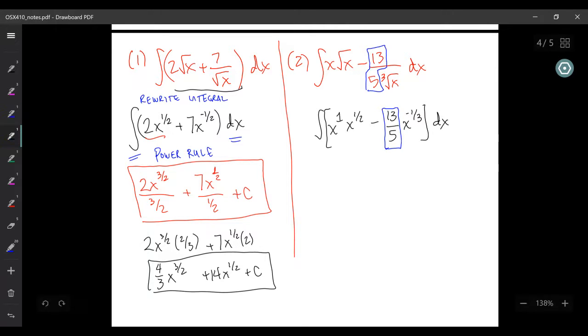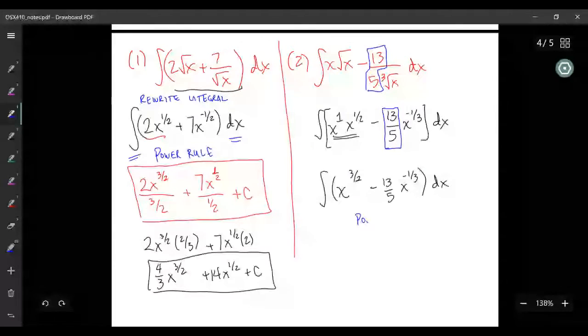Before I start doing the integration, I can combine these two things. When you multiply the same base, you add the exponents. So that's a 3/2 there, 1 plus 1/2. So we're just doing a rewrite, and then we're going to use the power rule.